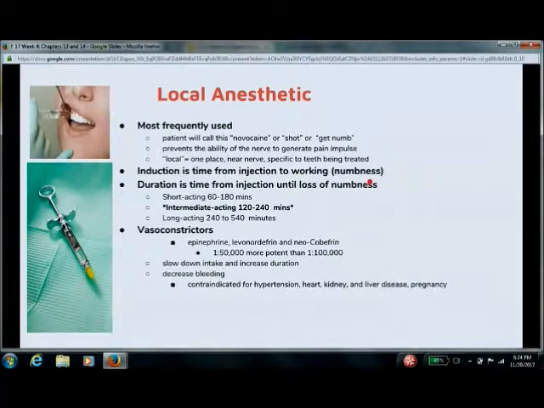The problem is they are not indicated for patients with high blood pressure, heart and kidney, liver disease, or pregnant patients. Most of the time we can use them in small amounts in some of those patients, but typically we won't be putting it out for those patients. So we have to pay attention as dental assistants to what kind of anesthetic we're putting out.